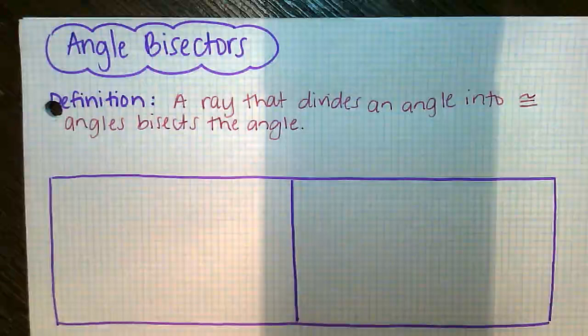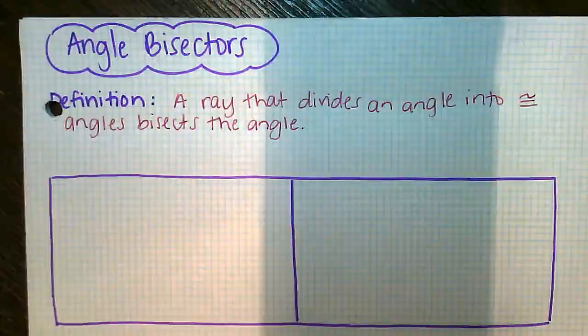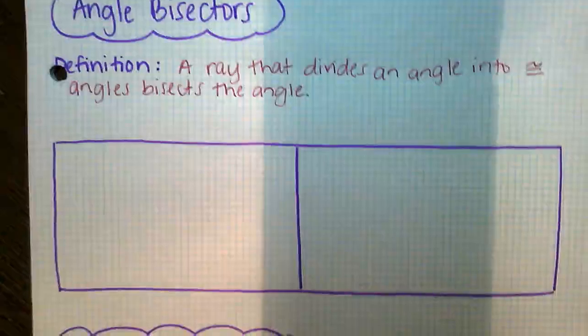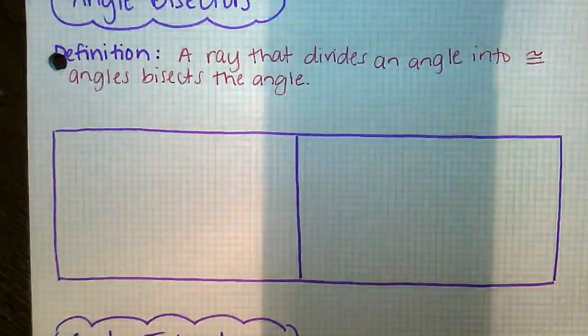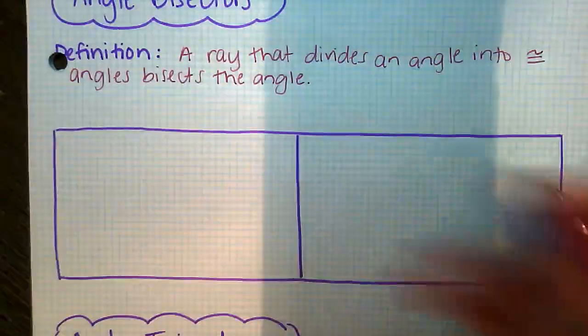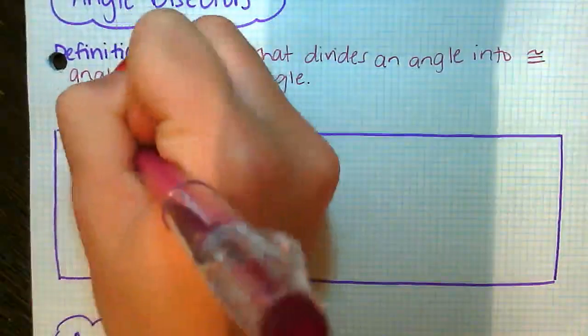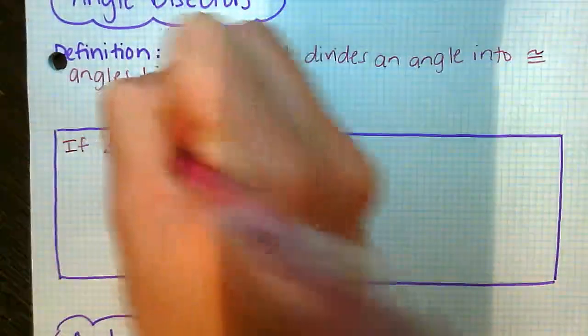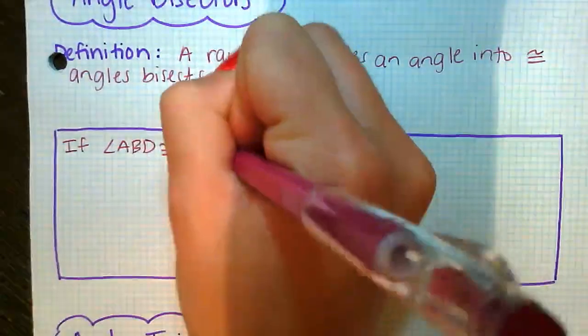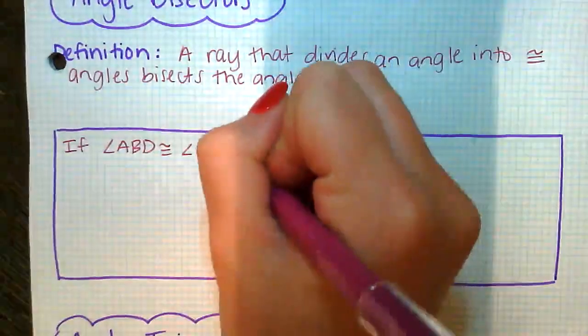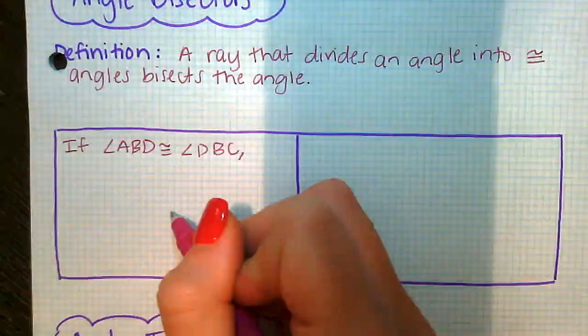It's a ray that divides an angle into congruent angles. That's called a bisector. So let's state that if angle ABD is congruent to angle DBC. Let's look at the picture that I'm talking about.